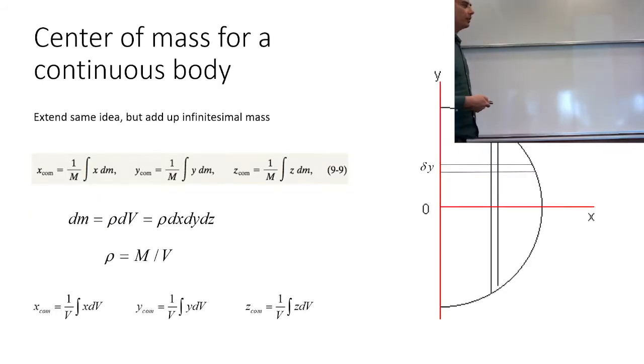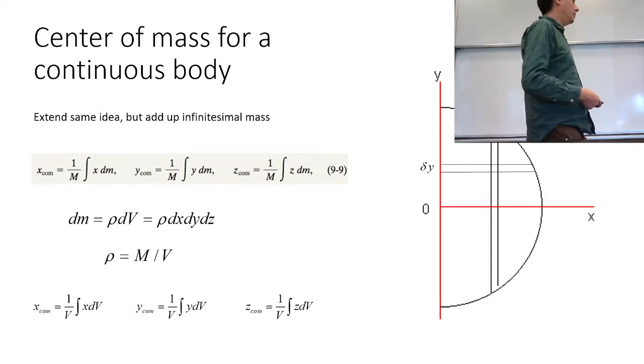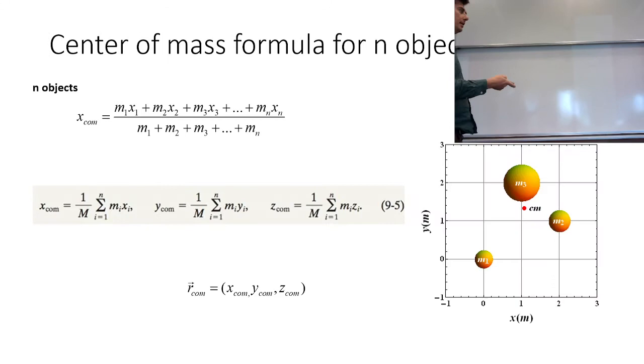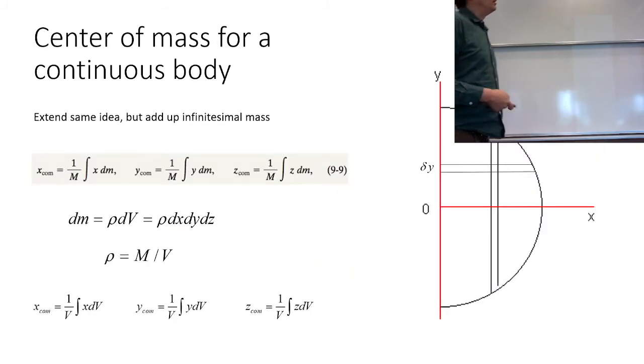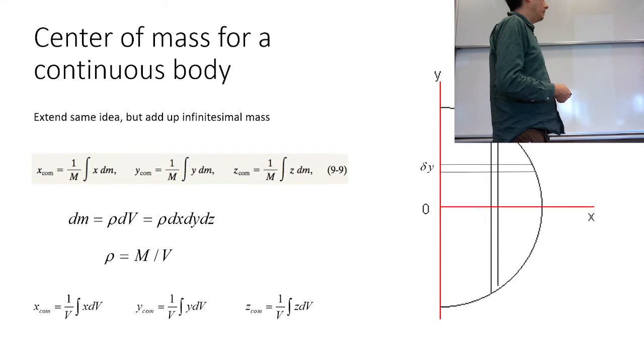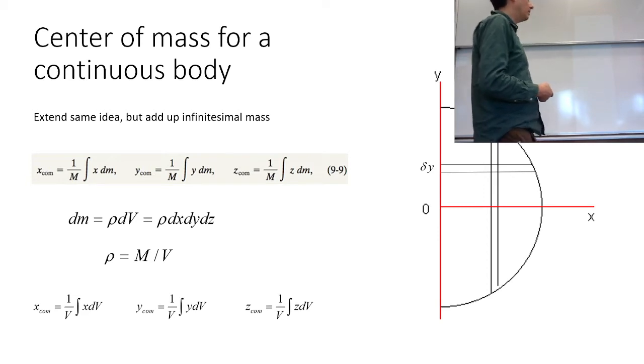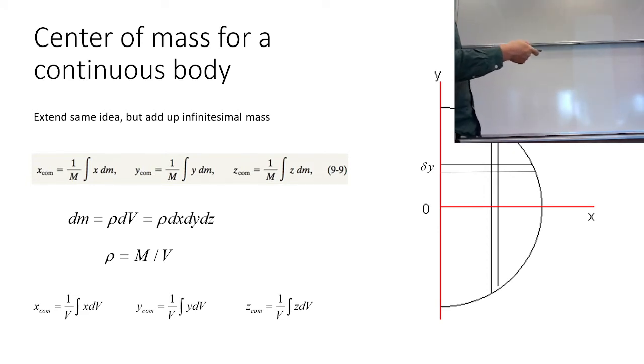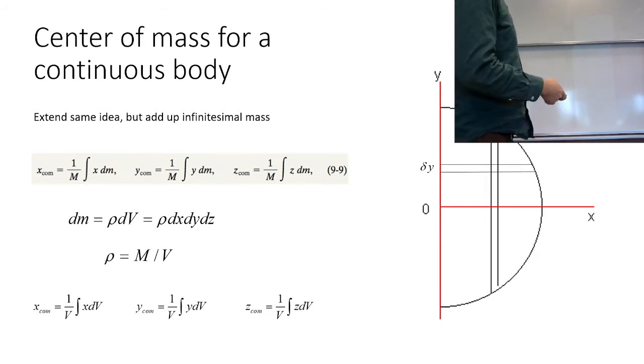For a continuous body, you can change this sum into an integral over infinitesimal pieces of some solid object. This dm is the infinitesimal mass, which you can relate to the volume like this: rho is the density of the object, dV is the infinitesimal volume.